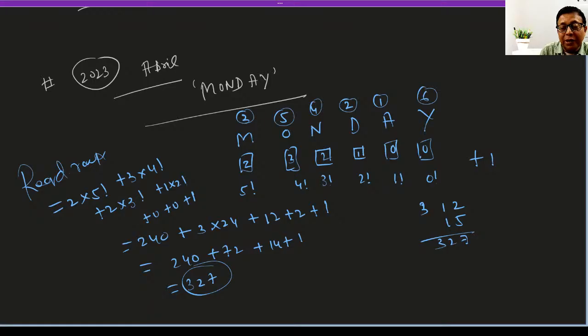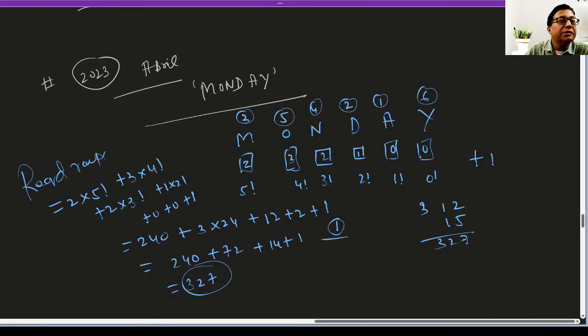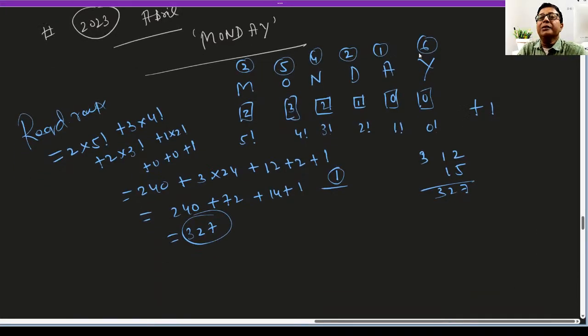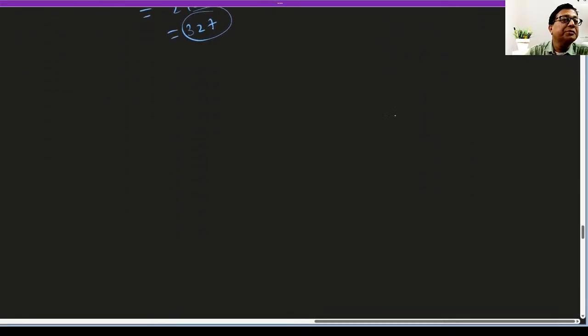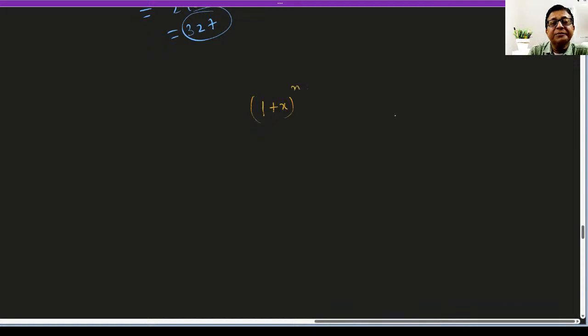So this was option 1 in that paper, okay, 2023. Now let me tell you something about negative binomial. But those who haven't done negative binomial cannot do it in detail now. But here the class I am taking for all of you. So if I have a binomial like this with a positive integer, the coefficient of x to the power r you know how to find.